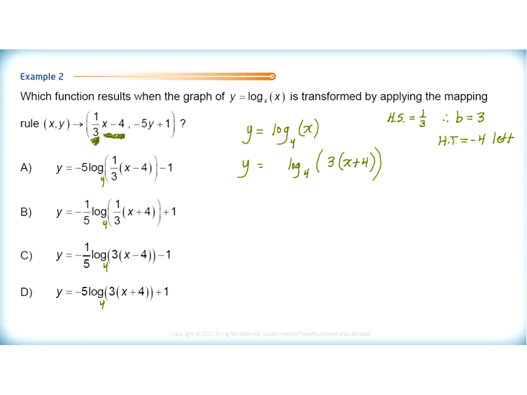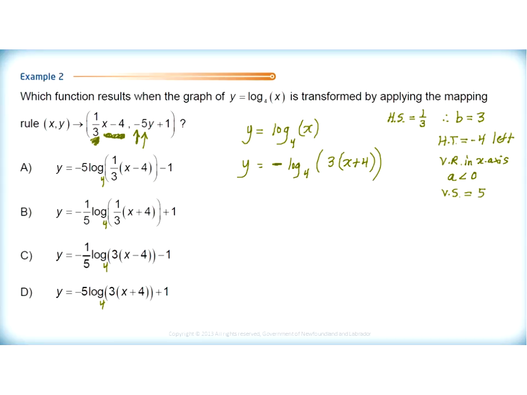Then we have a negative in front, so we had a vertical reflection in the x-axis, which tells us that the leading coefficient a is negative. So you will see a negative value in front of the log. As well, we have a 5 in front of the y, so that tells us there's a vertical stretch equal to 5.